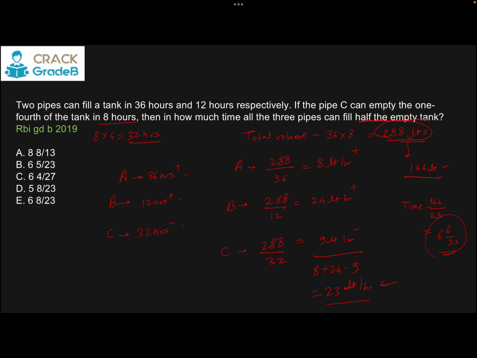So the answer should be 23 6 complete 6 upon 23. I think there must be a misprint in the answer. The answer should be this.